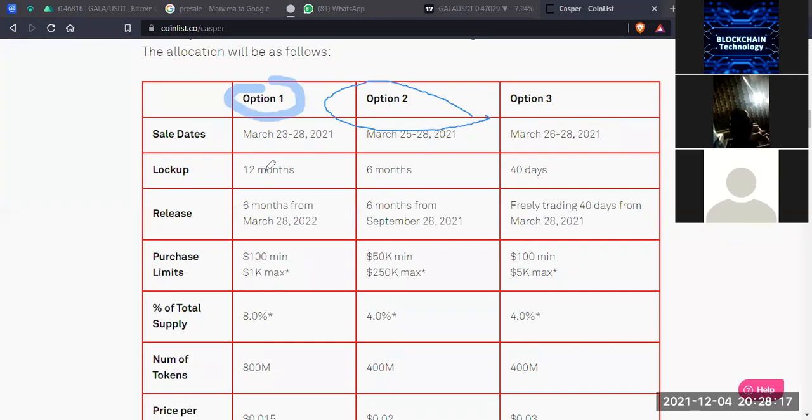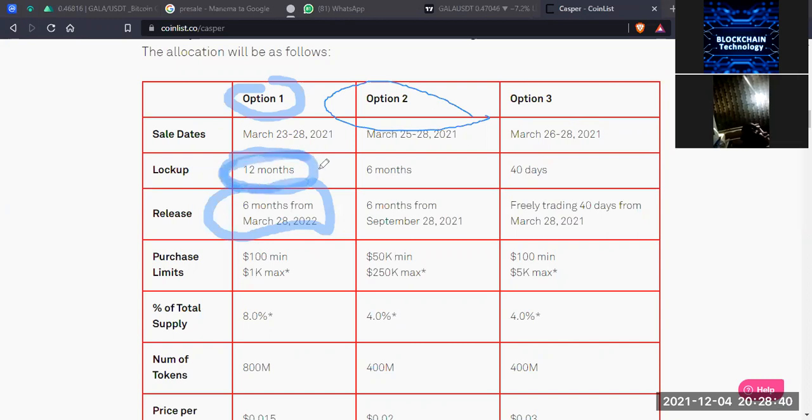The lockup is 12 months, and then the release is 6 months. This lockup means they're going to hold this token for the next 12 months after you complete your payment. After you pay for this token, it's going to be locked for the next 12 months, and then this token will be released.